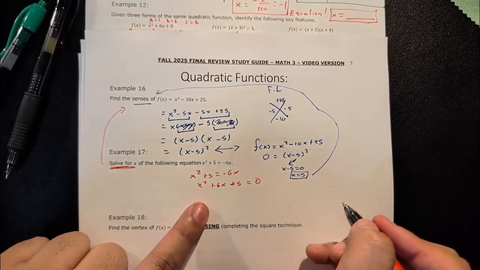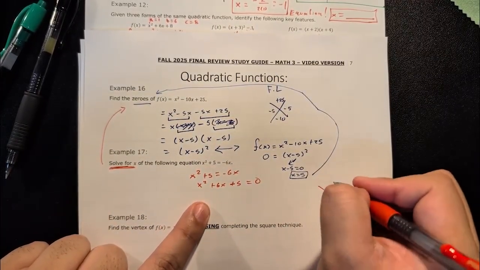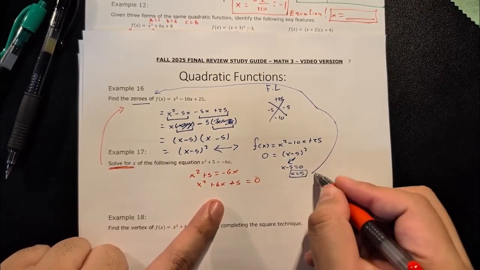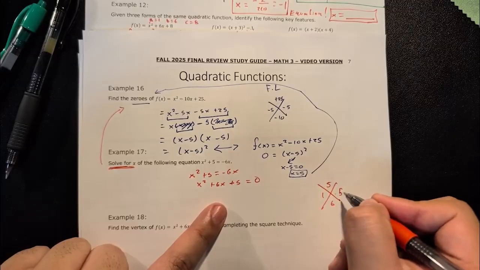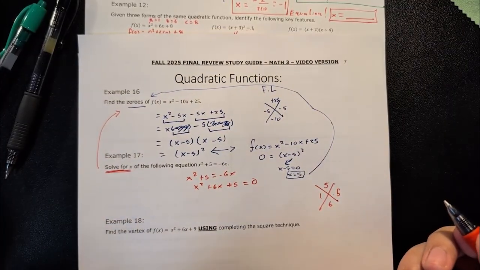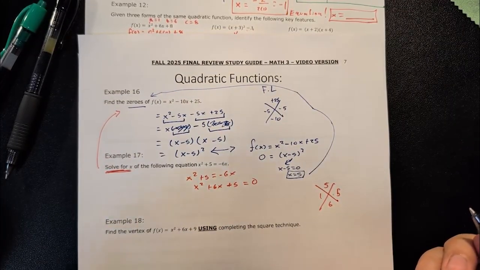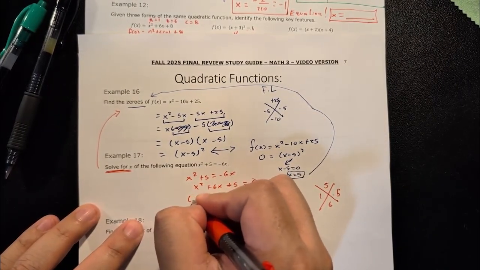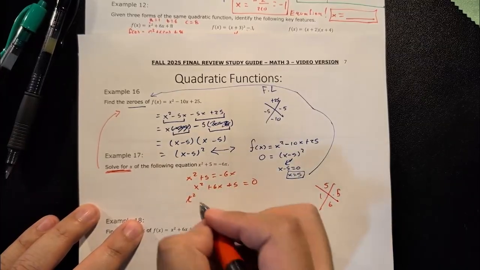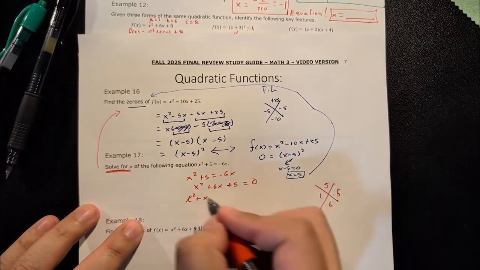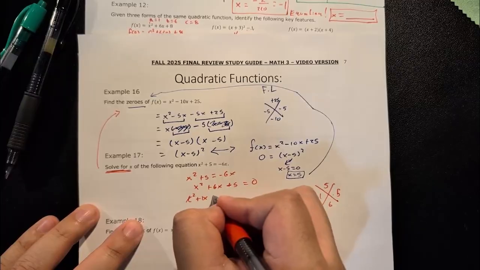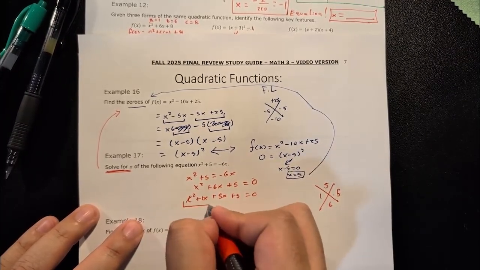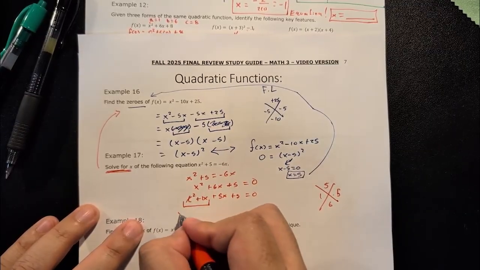And now I want to factor. Again, 1 times 5 is 5, then the inside, and it turns out it's 1 and 5. So here I rewrite this as x squared plus x, or 1x, plus 5x plus 5 is equal to 0. Group the first two, what do they have in common? Just x.